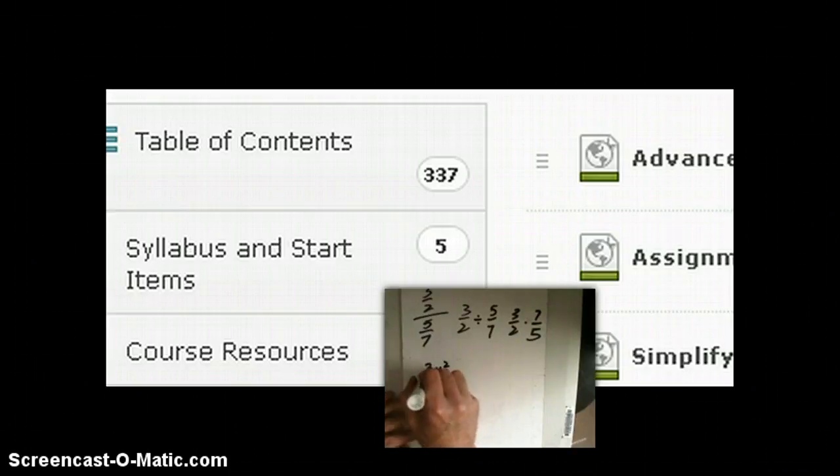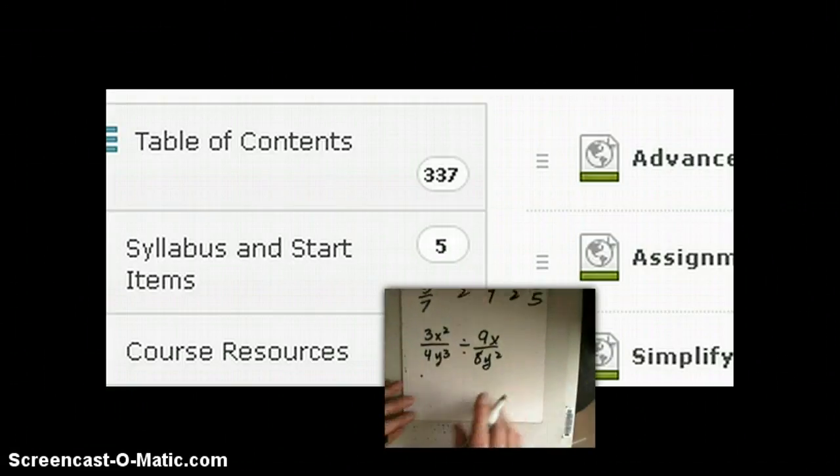Now, last thing that I want to do is a short division problem. 3x squared over 4y cubed divided by 9x over 8y squared. Well, let's see. I need to change that to a multiplication problem, right? 3x squared over 4y cubed times 8y squared over 9x.